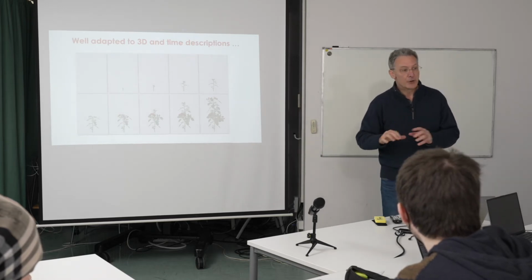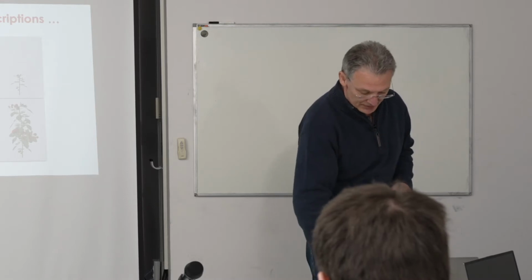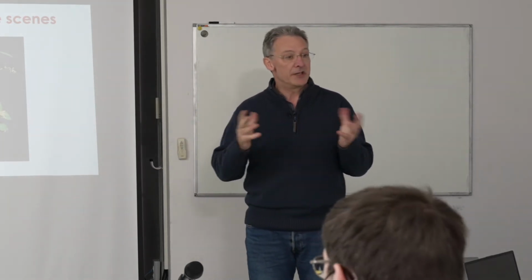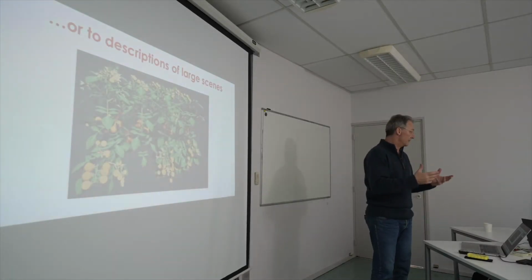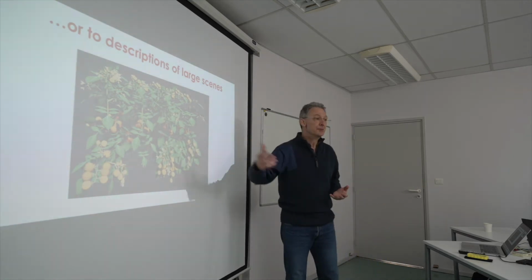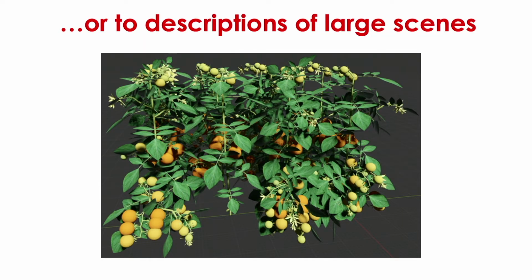And just by programming, you have the ability to access both the 3D spatial nature of the object and the temporal nature of the object. And it's also very easy to scale up the approach, because with the computer, you make a sort of loop, and then you are able to produce a full scene representing your crop or your scenery.